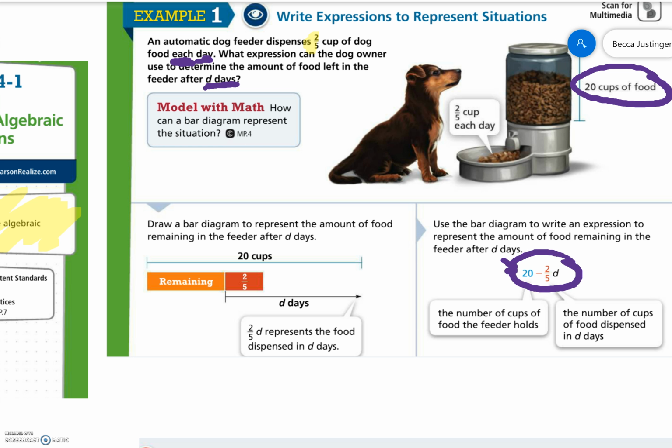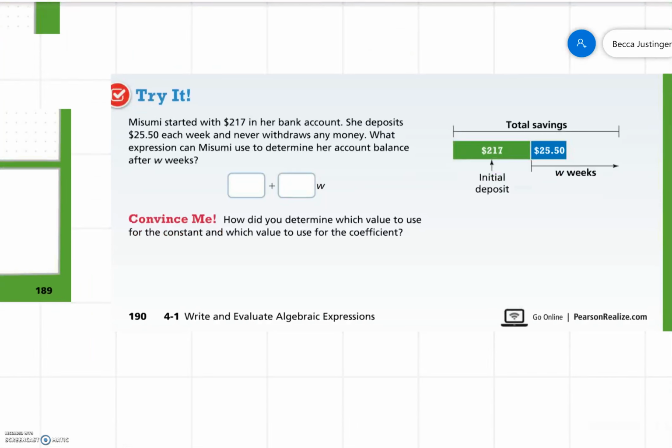So we can plug in any number for D, solve the equation, and know how much food is left. Let's try it. Masumi started with $217 in her bank account. So this is what we're starting with. She deposits, which means to add, $25.50 each, there's that word each again, each week, and never withdraws any money.